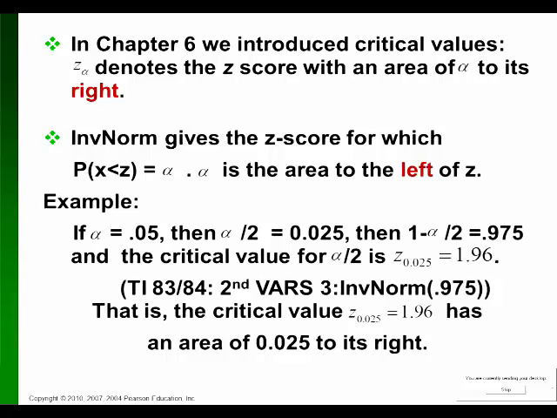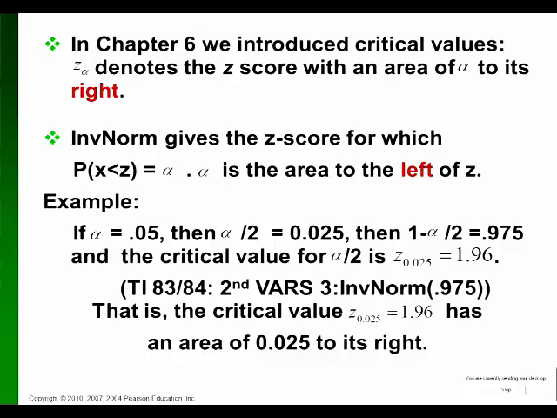Z sub alpha is the z-score with an area of alpha to its right. In other words, for some normal distribution, there's some z sub alpha, and that alpha is the area to the right of that z-score, or the probability that an individual value falls to the right of that z-score.